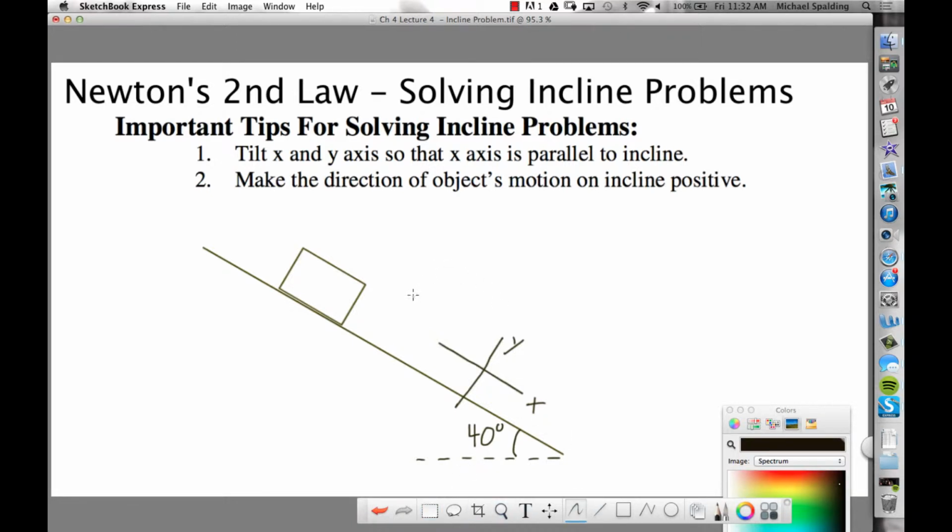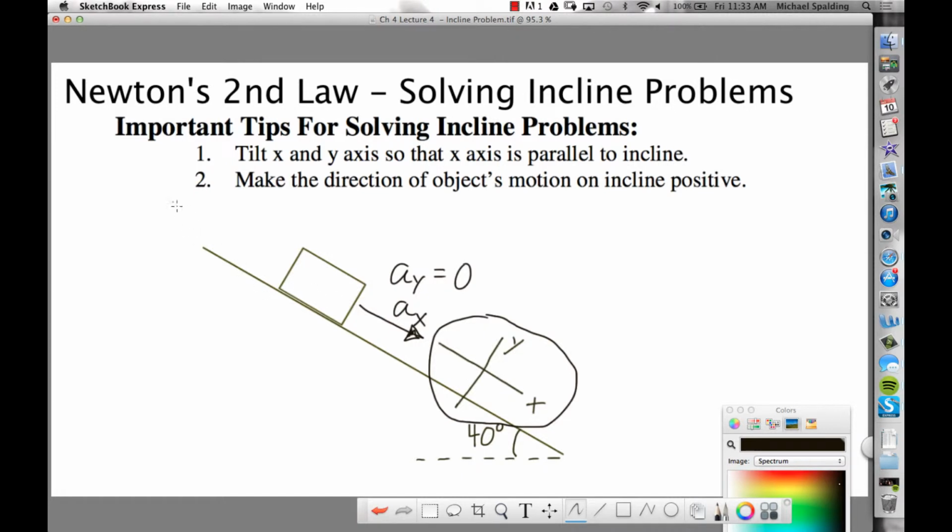Look, because now, which way is the object accelerating? Bam. There's the acceleration of the object. If this is our xy axis like that, this acceleration is now perfectly x, right? And then, by the way, what would be the y acceleration for this object?